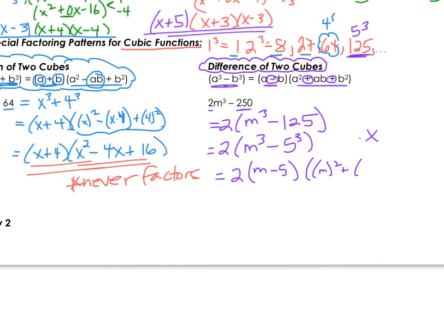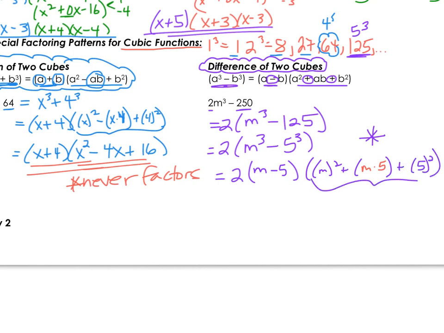And here's where I want to put a little star. Notice a and b, technically they're not negative. Neither of them is negative. They're both positive values. This is just a subtraction problem. So when I put a times b in parentheses, it's just m times 5. It isn't m times negative 5. And then plus, again, it's just 5 being squared.